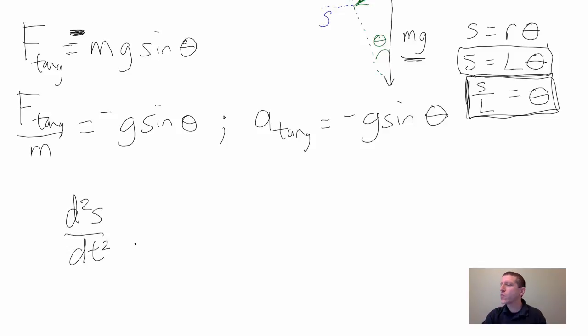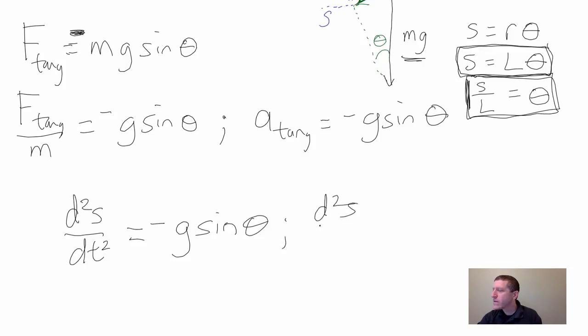It's the second derivative of the arc length, so that is the tangential acceleration, and that'll be equal to negative g sine theta. Now notice that I can substitute for theta s over L right here. So that gives me d squared s dt squared equals negative g sine of s over L.